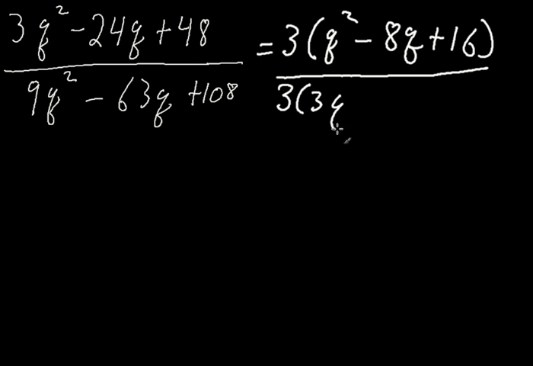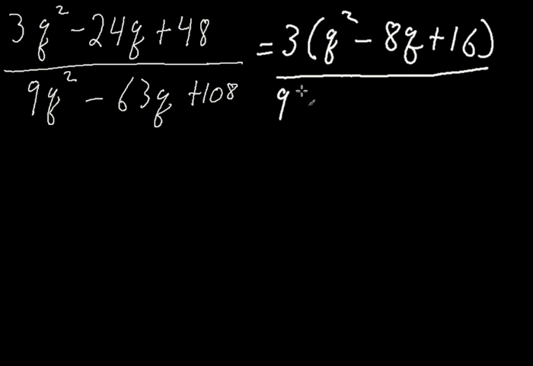So we have 3q squared minus 21q plus 36. Okay, that looks better. But now I'm starting to worry, I could have taken out another 3. So it looks like I could have taken out 9. I'm sure many of you saw that.